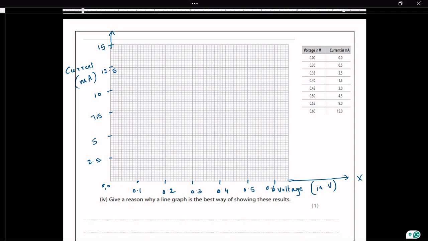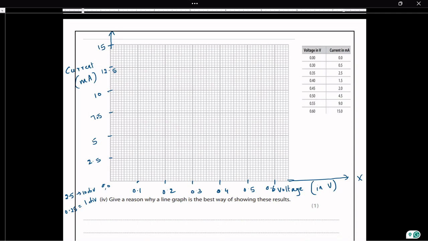Here 2.5 corresponds to 10 divisions. Therefore, how much is one division? One division is 2.5 over 10, so it is 0.25.